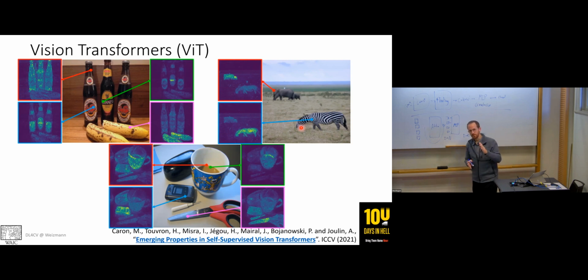So in multi-head self-attention, each patch is processed through different attention heads. And then you have the output of these different heads concatenated. So each head gets n patches as input and outputs n patches. So there is always one-to-one correspondence between the number of patches going in and the number coming out.